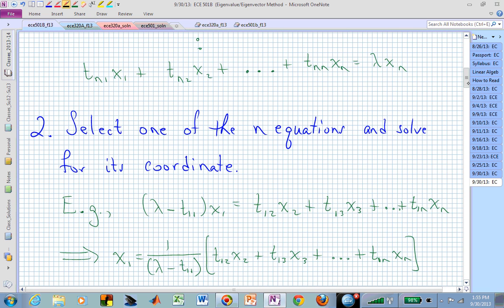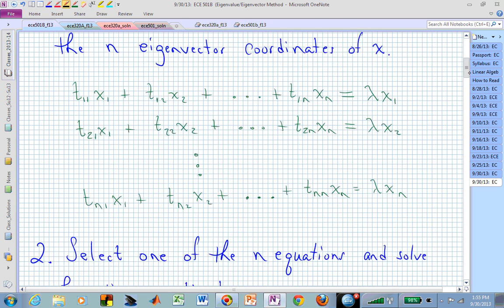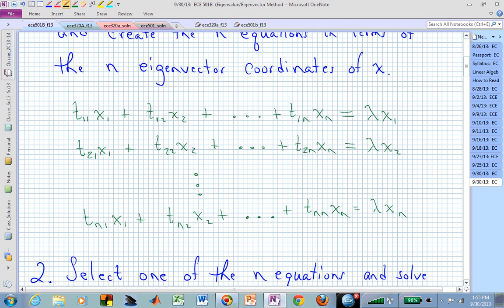Now what we do is we simply pull one of those equations aside. Let's just look at the first one and solve it for that coordinate, x sub 1. If we go back to this first equation, and if I subtract t11 x1 from both sides, then I will obtain an expression that has x2 through xn on one side and only x1 terms on the other side.